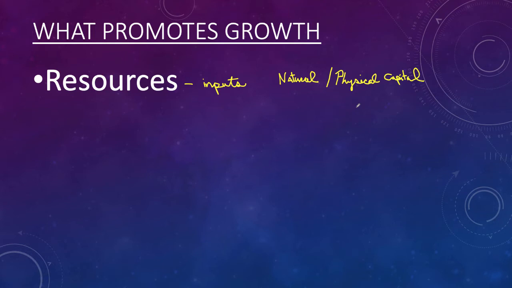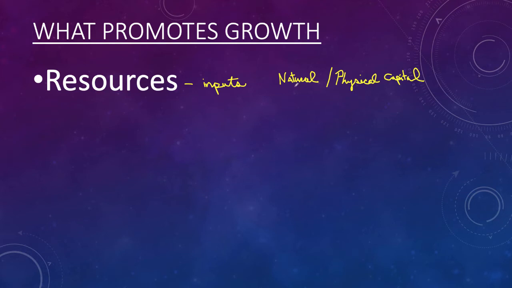So if we think about natural resources historically, you can think about countries that would explore to find more natural resources. So we see the nations of Europe in the 1500s and 1600s going out and looking for more natural resources.